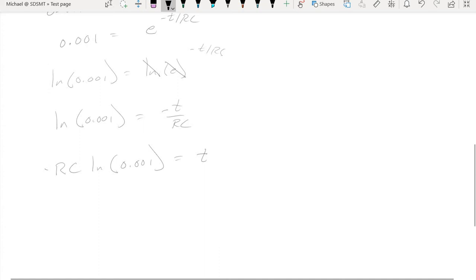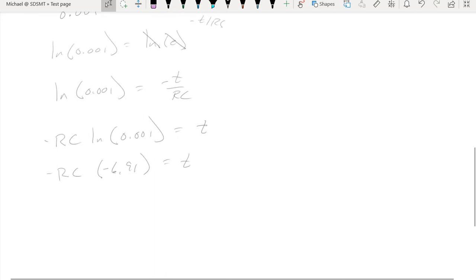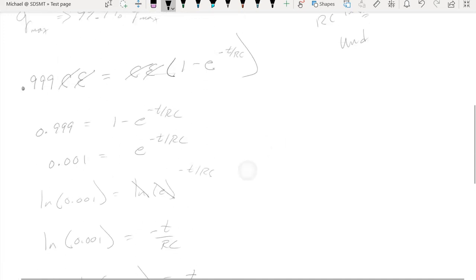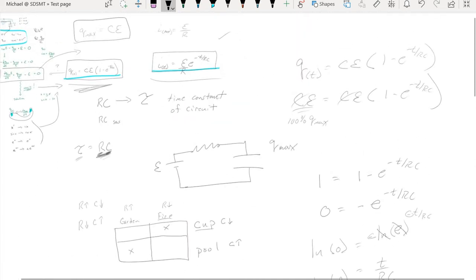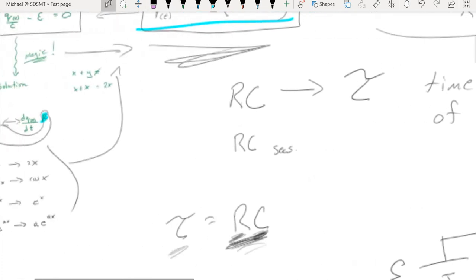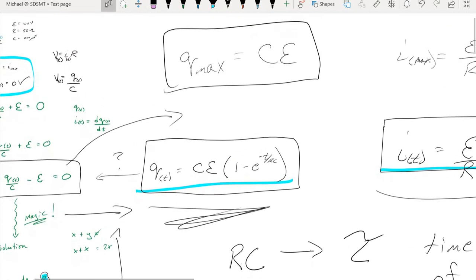So our natural log of 0.001 gives us a negative 6.91. And then we have to bring in the values of RC, or tau in this case. Well, let's go back up here and see what our tau value is for this circuit.